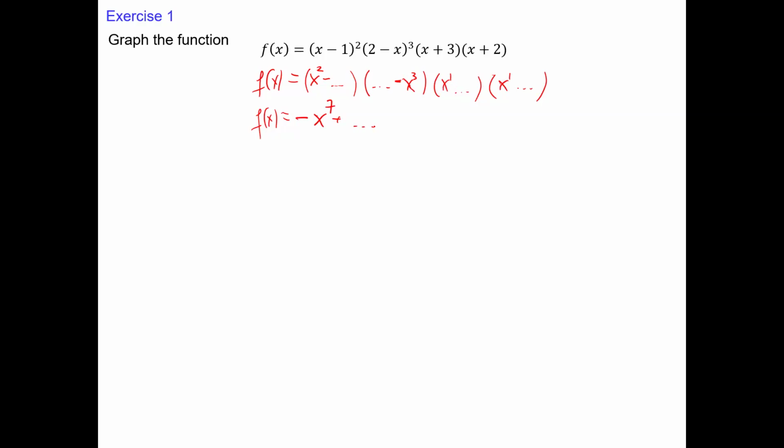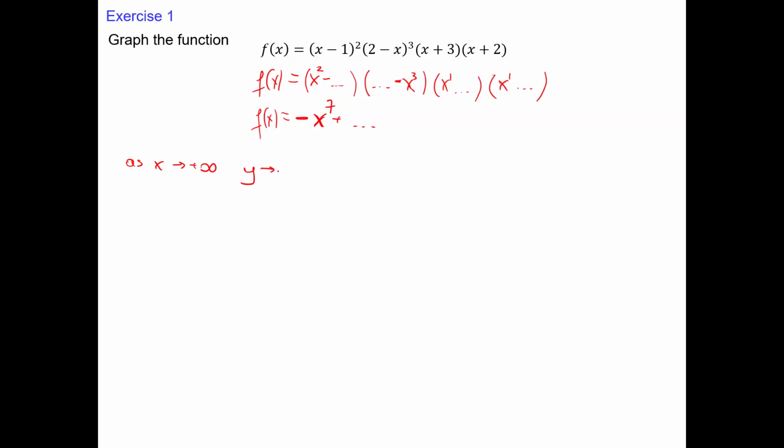Okay. That's now. Let's look at this end behavior. We have x to the power of 7, and we also have to include that negative sign. As x goes to positive infinity, we may do this algebraically. We may imagine that x is a positive big number. A positive big number to the power of 7 is still a positive big number.